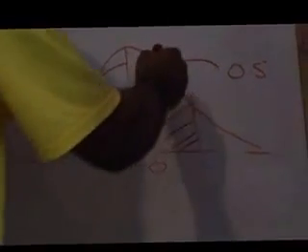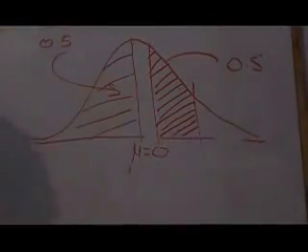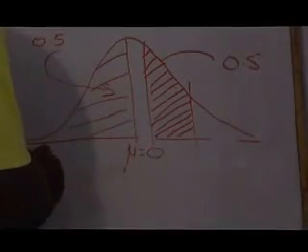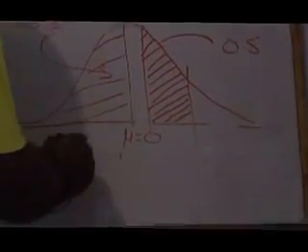So you're looking at the probability, but what is probability when you look at the normal distribution curve? Probability is area under the curve, right? So we know that z is equal to x minus mu over standard deviation.